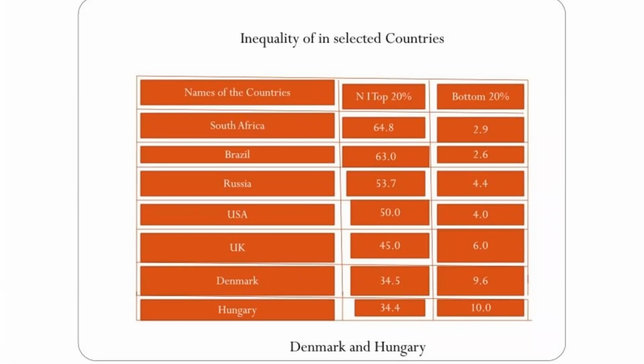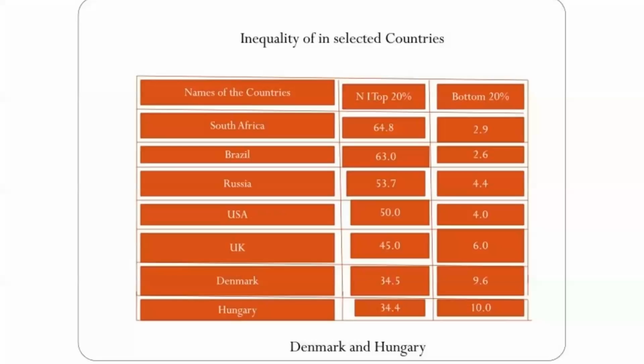When you compare the names of the countries and the percentage share of national income in the top 20% and the bottom 20%: in South Africa, 64.8%, जो टोटल मनी है ओनली इन द हैंड ऑफ 20% पीपल, कि आपका 64.8% जो टोटल ग्रोथ है कंट्री का वो जस्ट 20% पीपल्स के पास है, और बॉटम में इस भी 2.9%, ब्राजील 63%, 2.6% इस भी बॉटम, रसिया 53.7%, बॉटम इस भी 4.4%, and finally Denmark 34.5%.